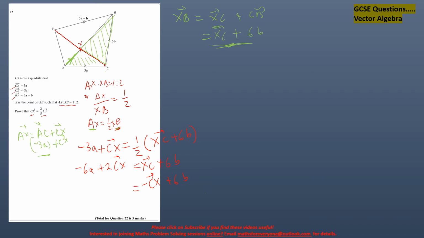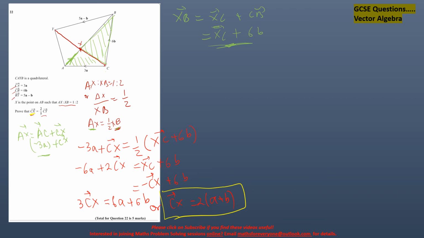So if we bring the CX to one side, we get 3CX equals 6A plus 6B, or CX is twice A plus B. Okay, so that is one thing we will hold on to, because we found CX.